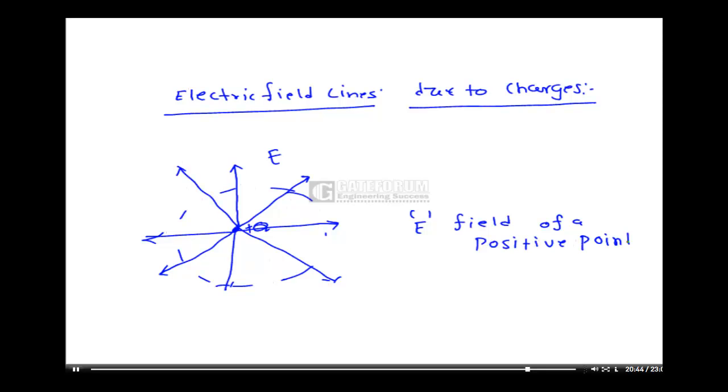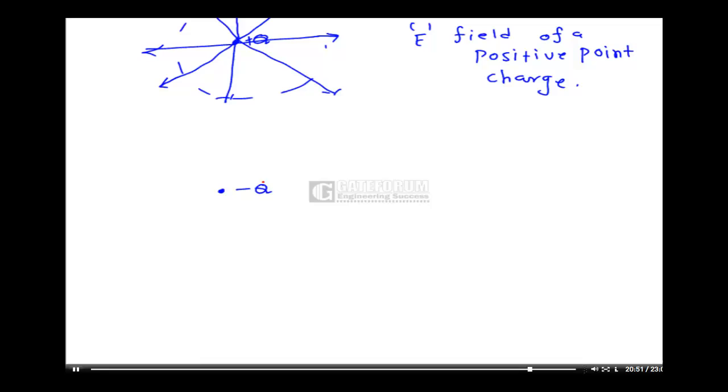Similarly, if you consider a negative charge minus Q, the field lines are always into the negative point, always inside. So the field distribution is like this.